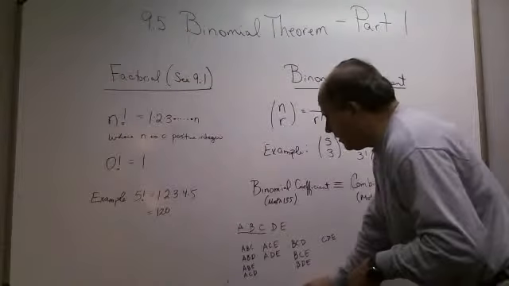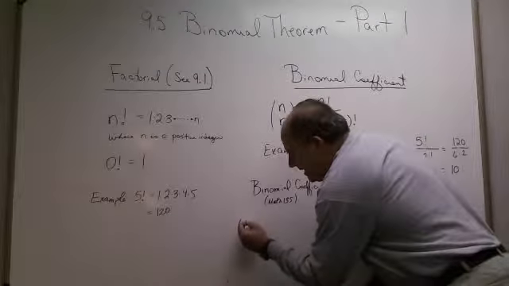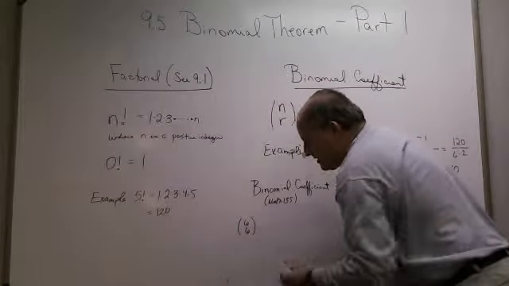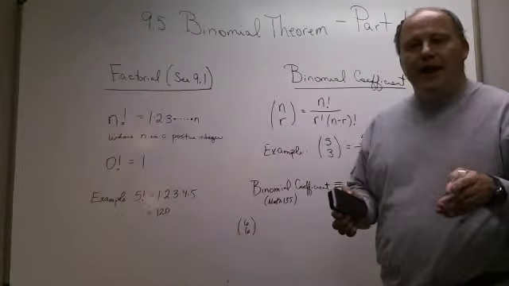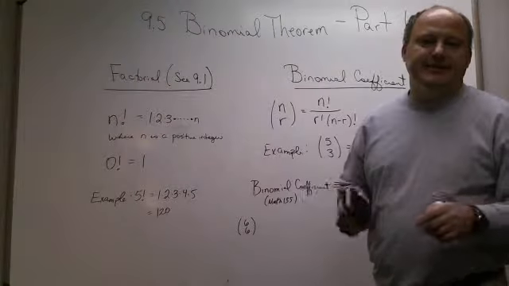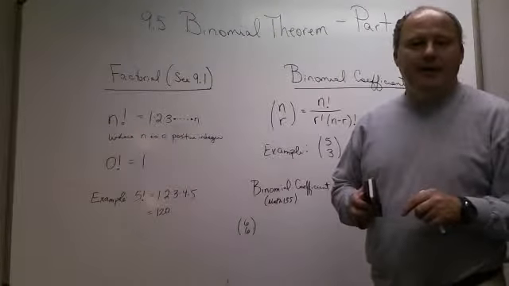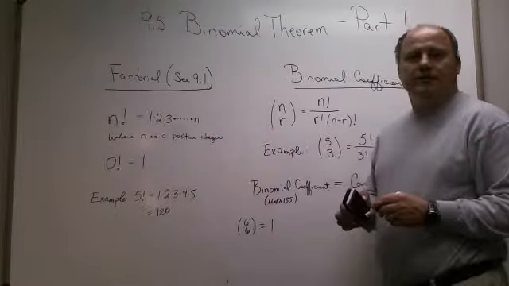On the same token, if you have 6 and you're going to choose all 6 of them, obviously there's only one way that's going to happen. You're going to pick all 6 of them, none will get sent back. So 6 choose 6, of course, is 1.